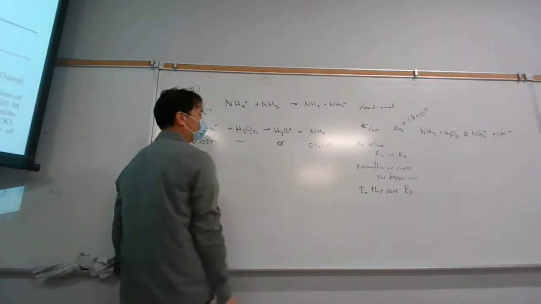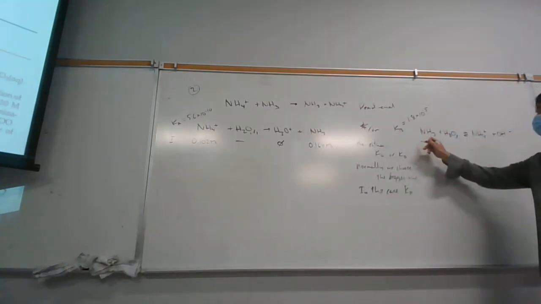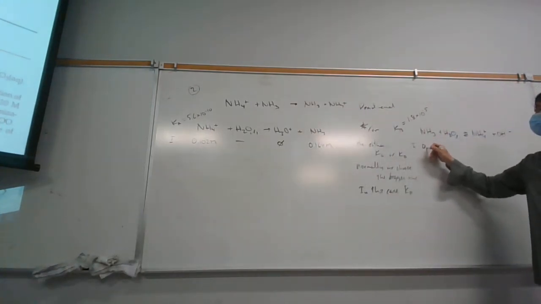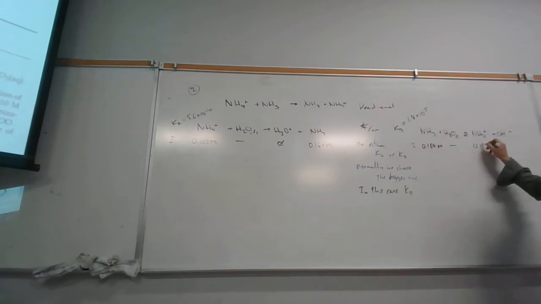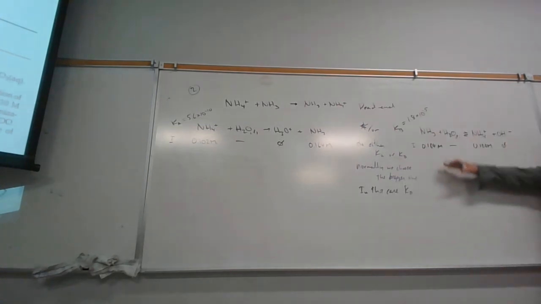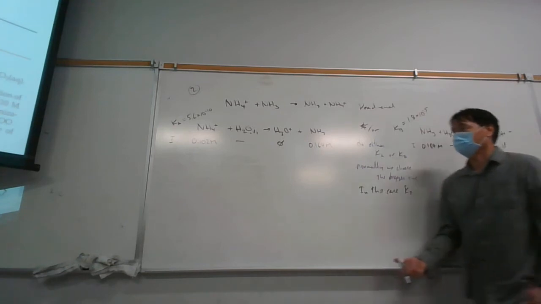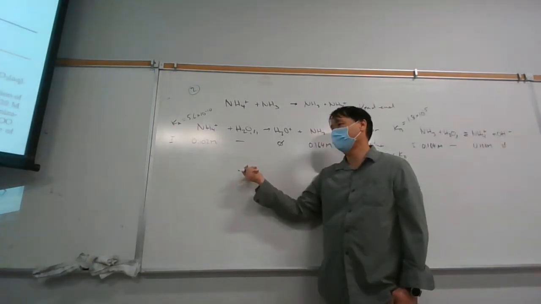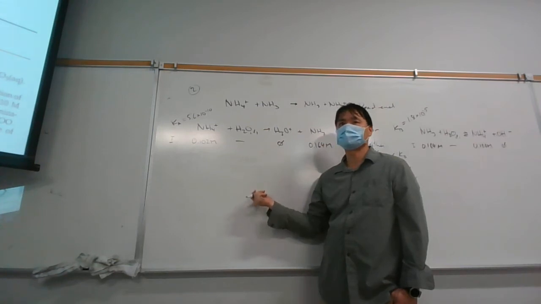And then we'll start off with zero hydronium. Likewise, if you wanted to do Kb, the ammonia would be 0.164 molar, the ammonium would be 0.102 molar, and the hydroxide would be 0. If we calculate the ICE table for Kb, we end up with the hydroxide, get the pOH, and figure out the pH. If we do the ICE table for the Ka, we'll get the hydronium at equilibrium, and then the pH.